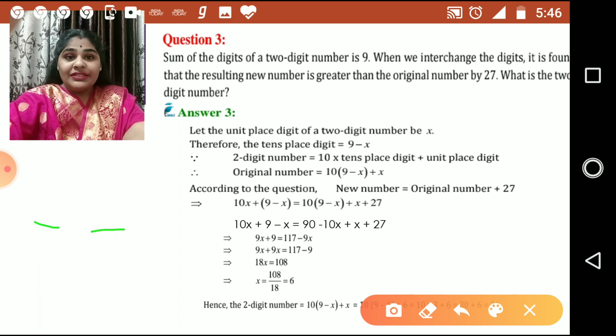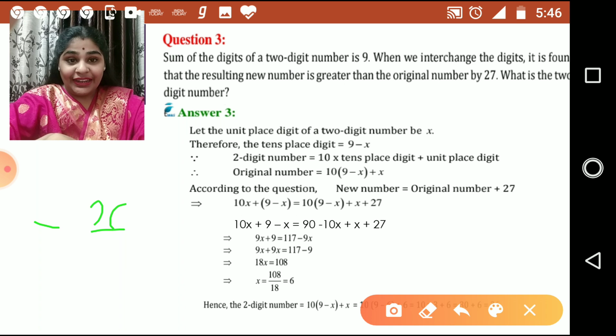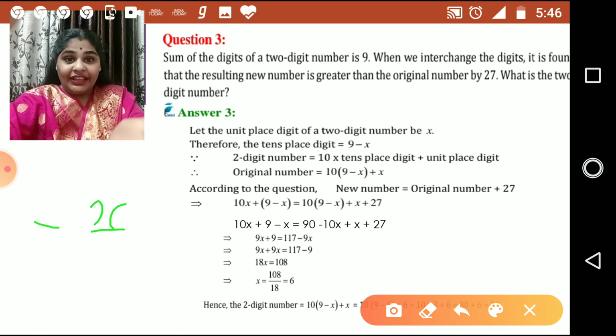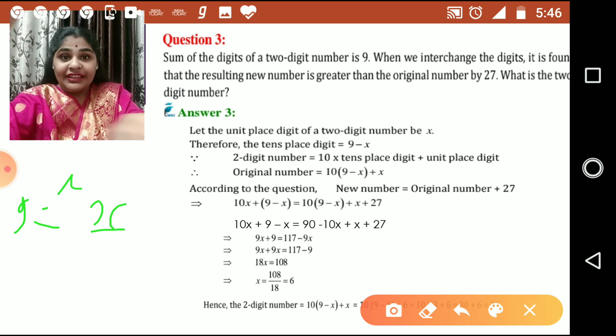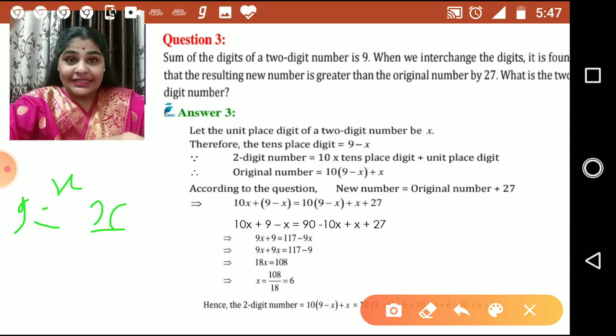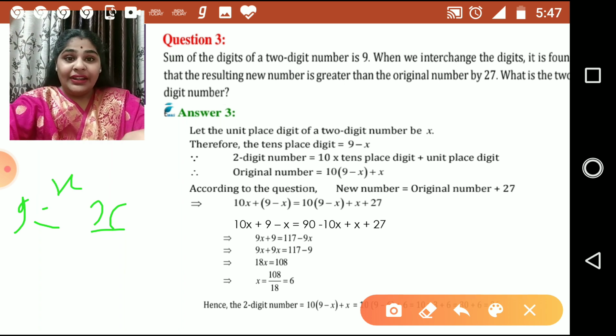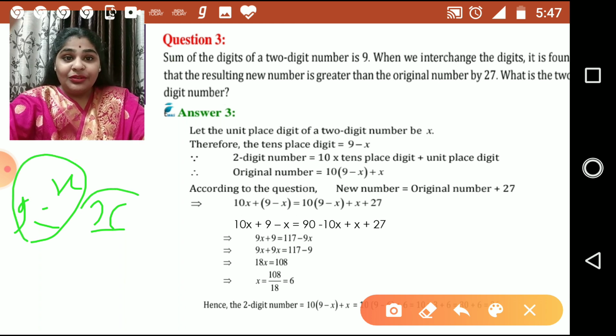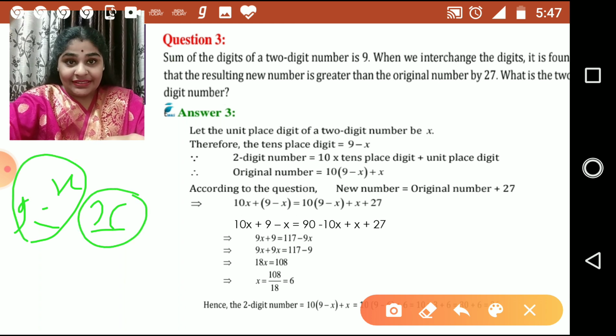So suppose I take the units place as x, right? And if the sum is 9, that means the tens place digit will be 9 minus x, children. So one digit is 9 minus x and the units place digit is x, right?